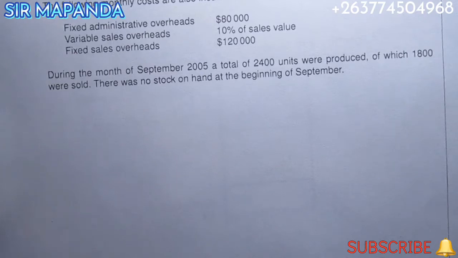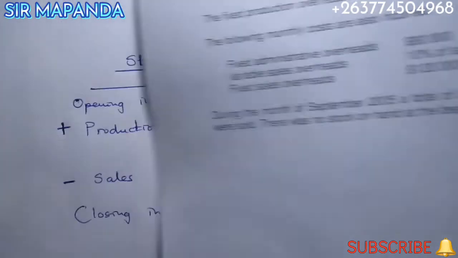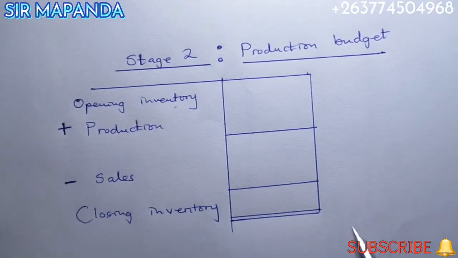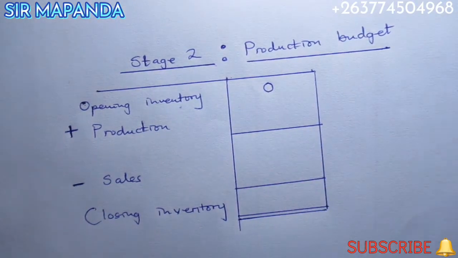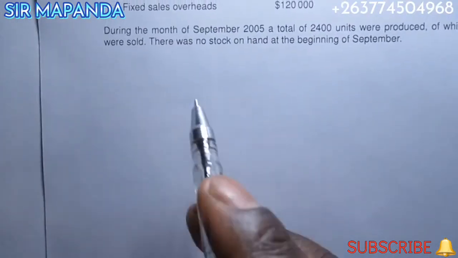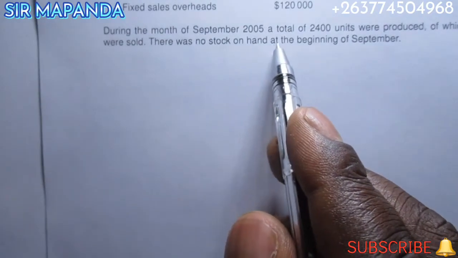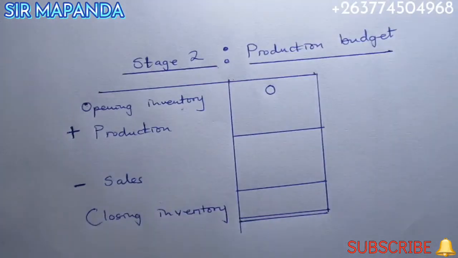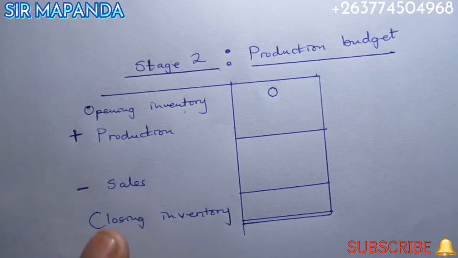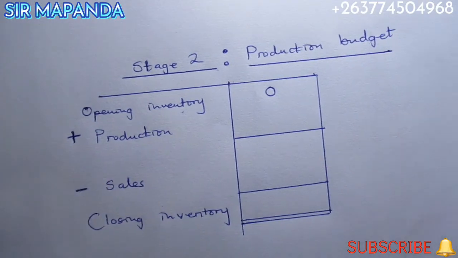So this production budget or this quantity statement will help you to find or to calculate the units for closing inventory. I hope you are following. Right. So opening inventory, I'm going to put a 0. Why? There is this last statement. There was no stock on hand at the beginning of September. So it simply means that our opening stock is 0. Then we move on to add production.